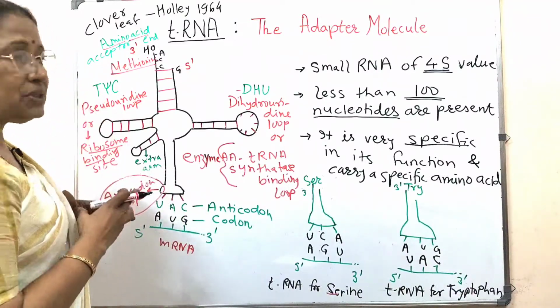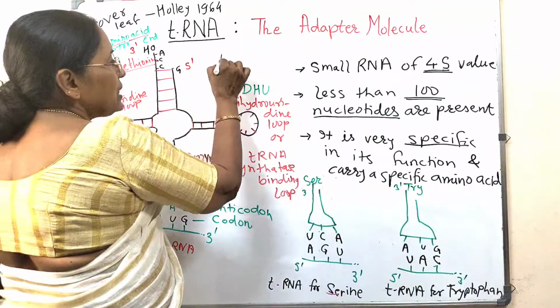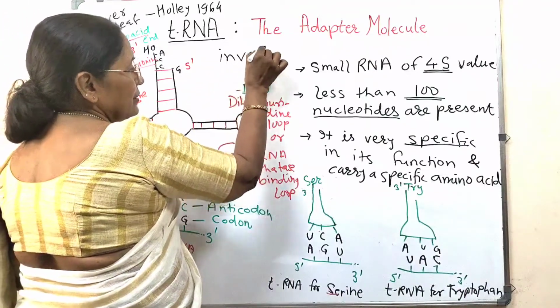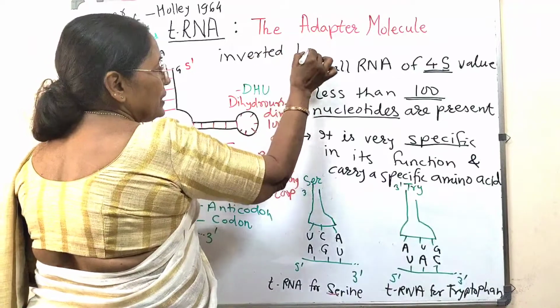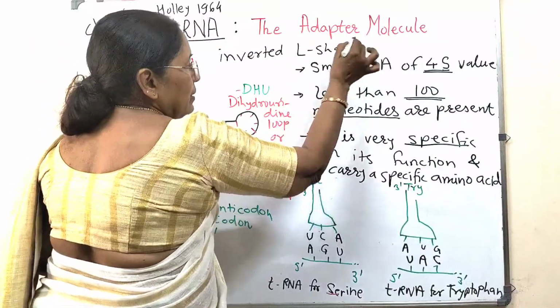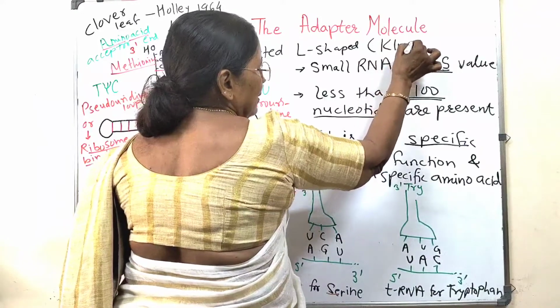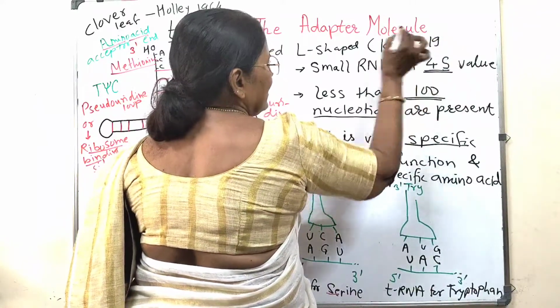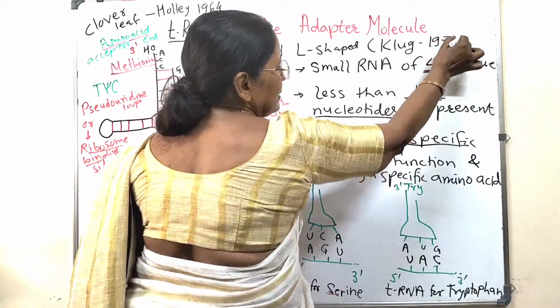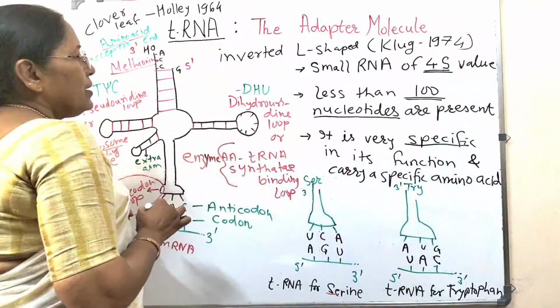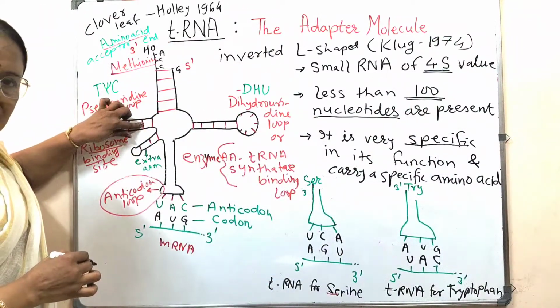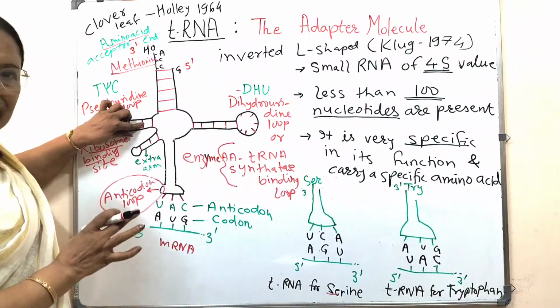In its three-dimensional structure, it looks like an inverted L-shape, and this was given by Clark in 1974. But this two-dimensional structure is easy to study.